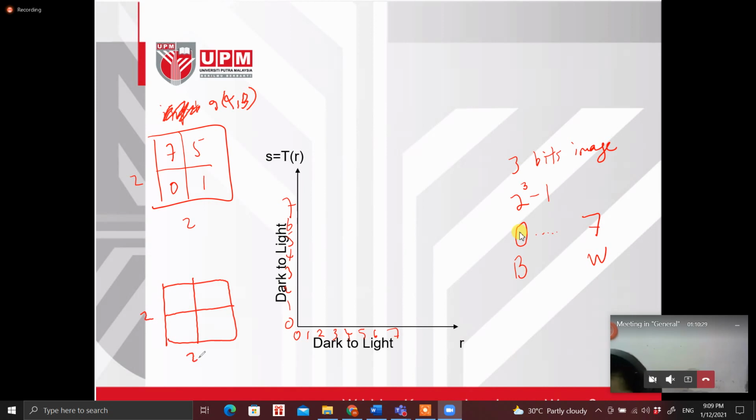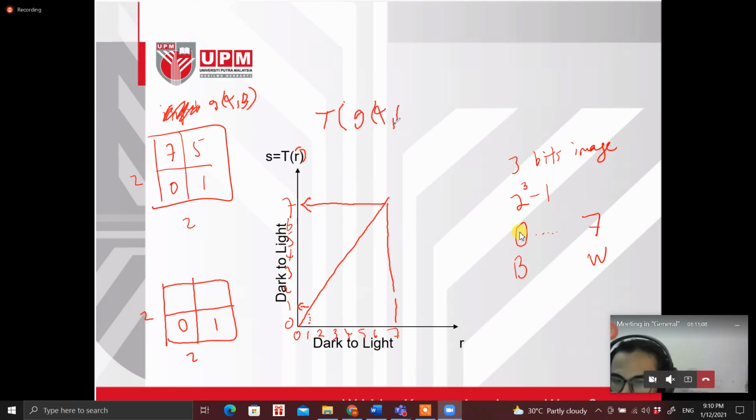Now, if my transformation function is a simple linear function like this, and I do an interpolation, 0 becomes 0, 1 becomes 1. I interpolate 7 from R to S, because this is what I mentioned in the previous slide: you have T of G alpha beta.